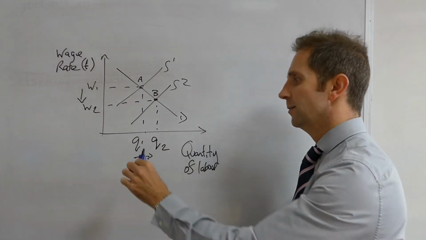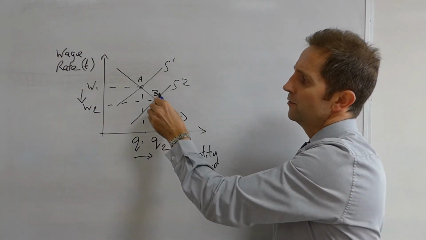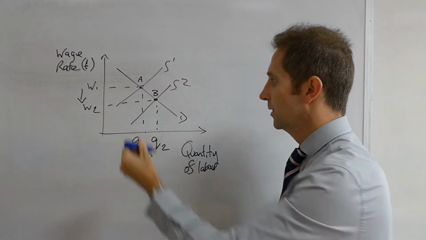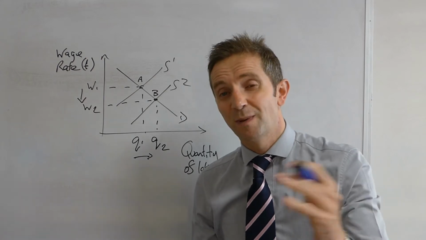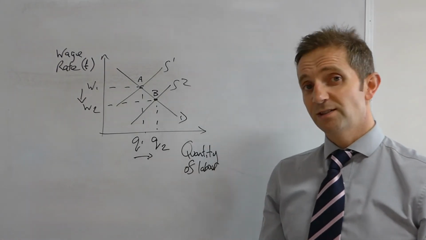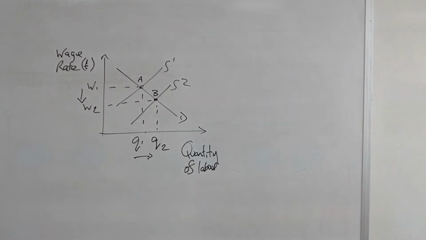Some of you label this correctly, but then put the direction of travel, a little arrow, moving from B to A. Obviously that is incorrect. We have an expansion along the demand curve, moving from A to B. So that's it, ladies and gentlemen. Just be careful with your labelling on that diagram.